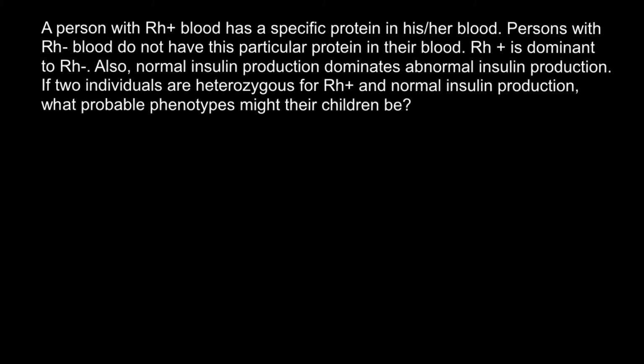But first, the answer would be that we are going to get ratios of 9 to 3 to 3 to 1. And 9 would be a person who is Rh positive, so normal for Rh factor, and normal for insulin production. Here we are talking about phenotype.